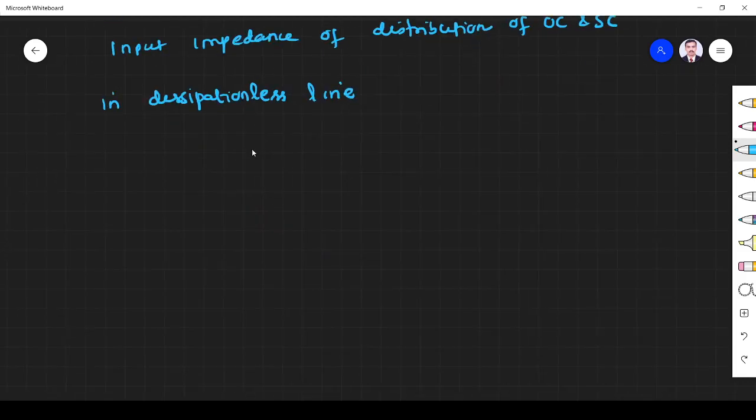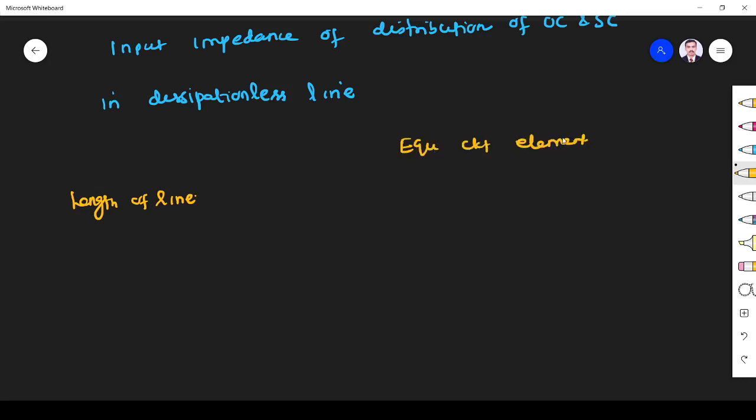So what we have to do? First we must know the length of the line. Then we must know the equivalent circuit element. Then we see whether it is open circuit or short circuit.